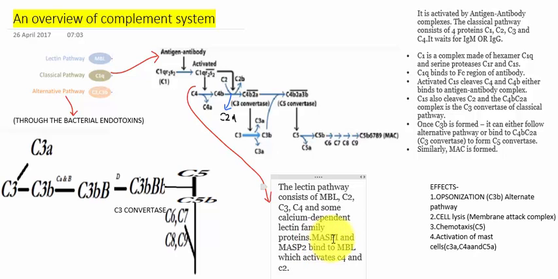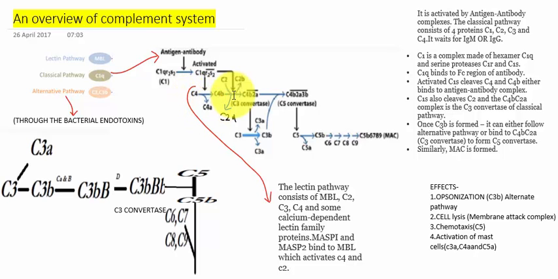The MASP1 and MASP2, that is the mannose binding lectin associated serine protease 1 and serine protease 2, bind to the mannose binding lectin, which activates the C4 and C2 protein complex. As we have discussed in the classical pathway, in the same manner, the C4 after activation splits into C4b and C4a.